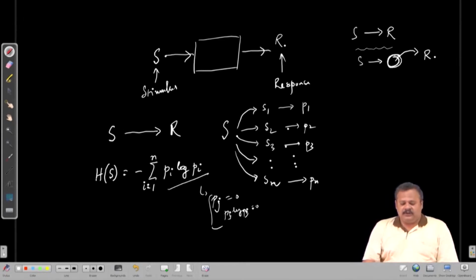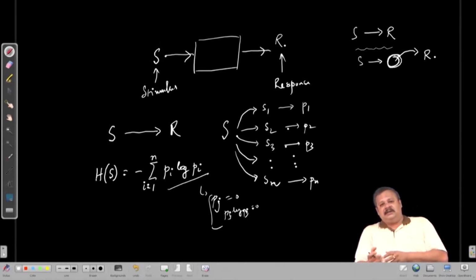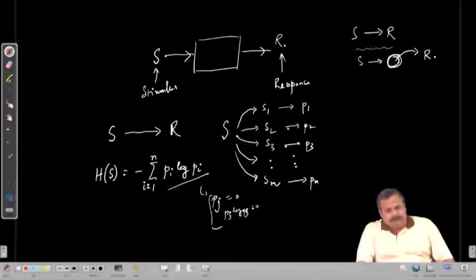We must say that there shouldn't be any of the stimuli occurring with less chance than any other of them, because if something is occurring with less chance or higher chance than the others, then there is a difference in uncertainty, that is, a higher or lower uncertainty about one of the stimuli over the other. So, there is some predictability associated with one of the stimuli, at least if it has a higher probability of occurrence than the rest of the stimuli.